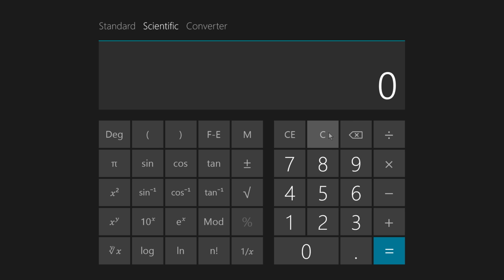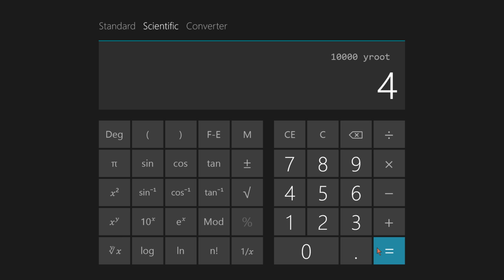Once again, we clear everything. Let's suppose that we want to find the fourth root of 10,000. Well, we can be pretty sure that's going to be 10, because 10 to the fourth equals 10,000.